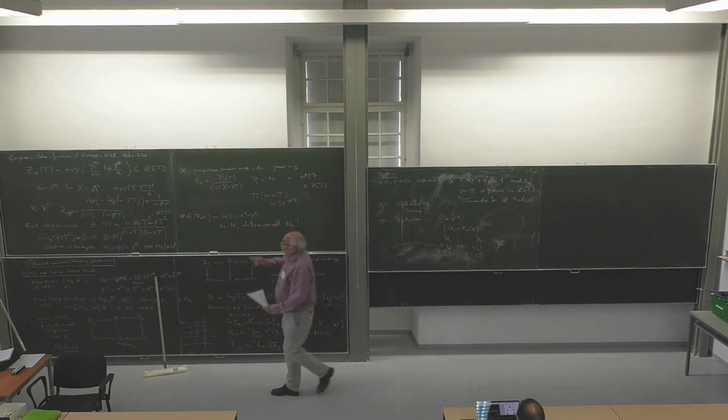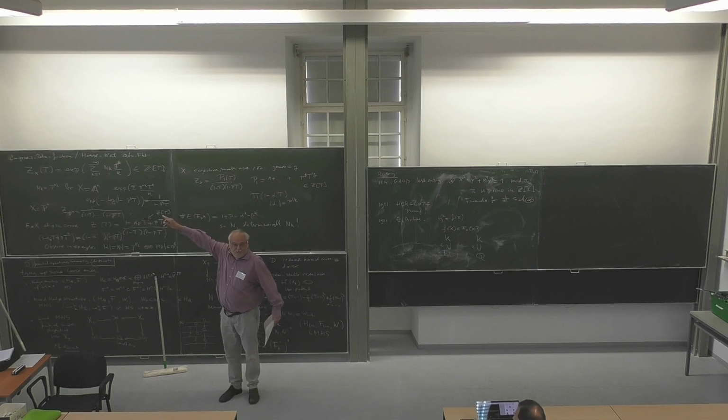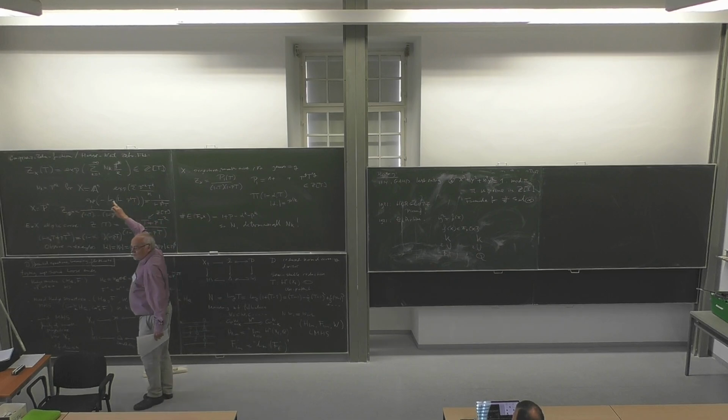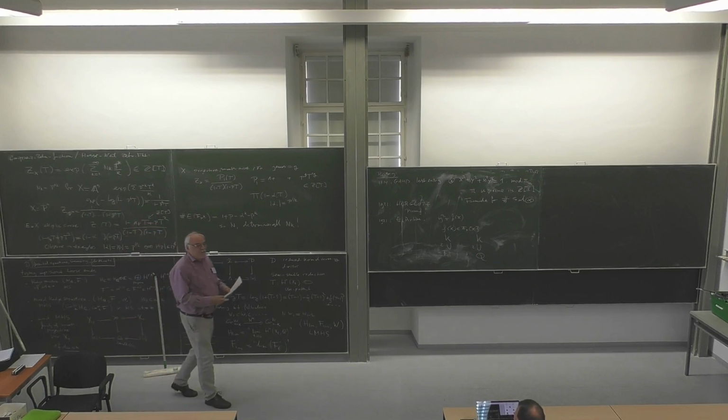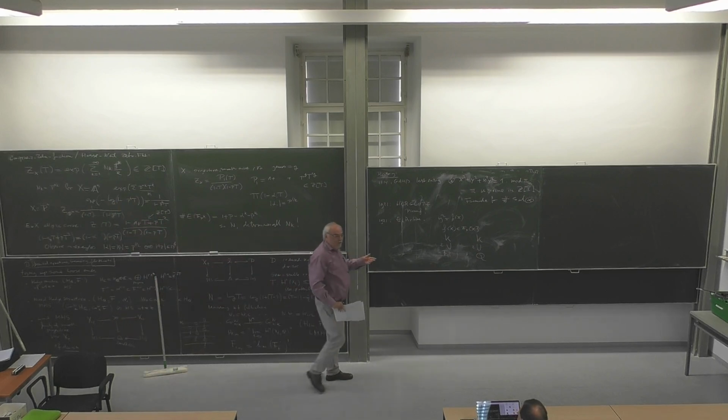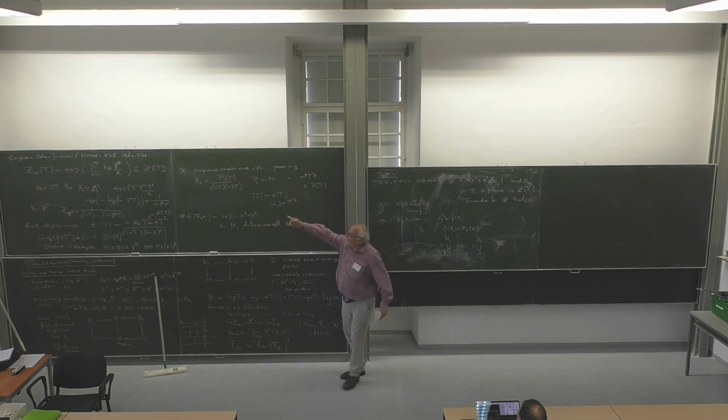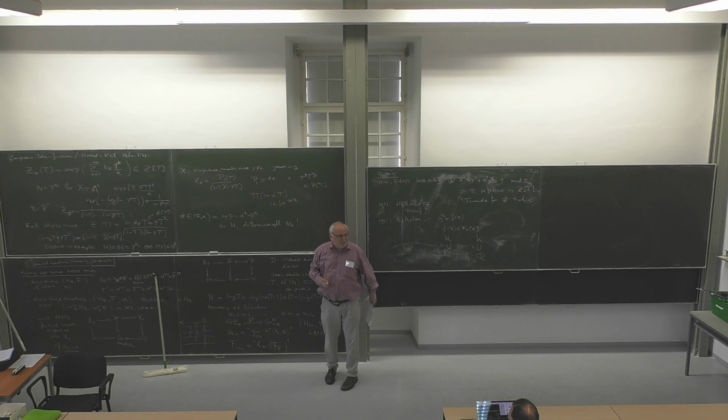Now he didn't use the function which is now called Artin-Hasse-Weil, but he looked at something which is equivalent. So it's basically that series where you substitute for t is 1 over p to the power s.